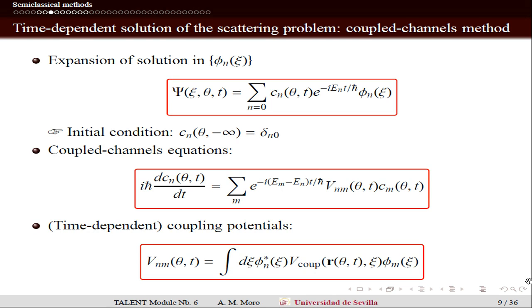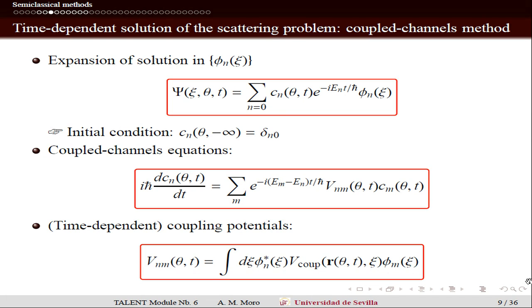So again, our basic ingredient for the calculations are these coupling potentials, these transition potentials. The strength of this coupling potential will tell us how important the population of the different states of the system will be. If someone has a code to solve that, then this is what we have to provide in the input, by specifying our coupling interaction and, of course, the model that we use to describe the projectile.